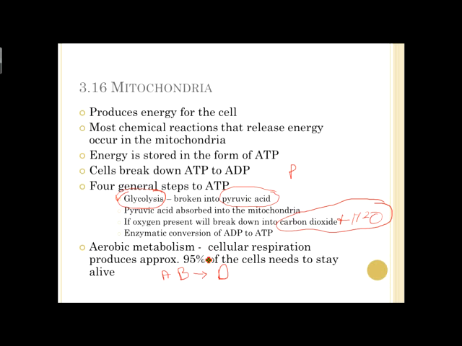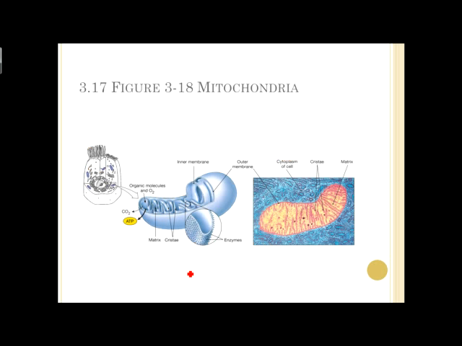Aerobic metabolism, or cellular respiration, produces approximately 95% of what the cells need in its metabolism or the production of ATP to survive. 95% aerobic metabolism. And this is a picture of the mitochondria.